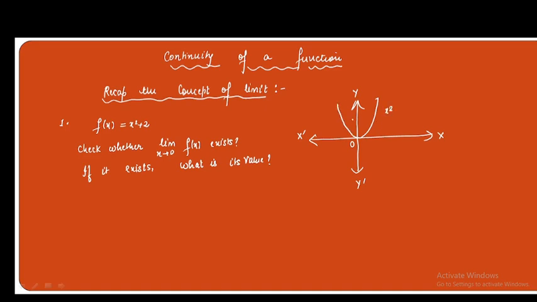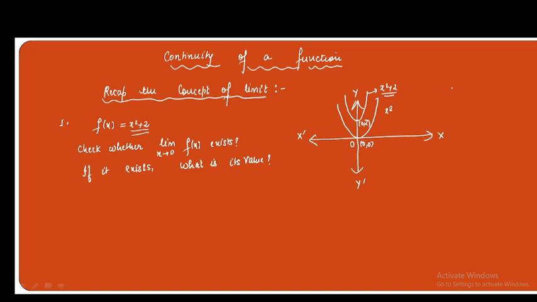Now, if you have to plot the graph of x square plus 2, you have to shift it upward by 2 units. This is 0 0, this will be 0 2. So this is the graph of x square plus 2.